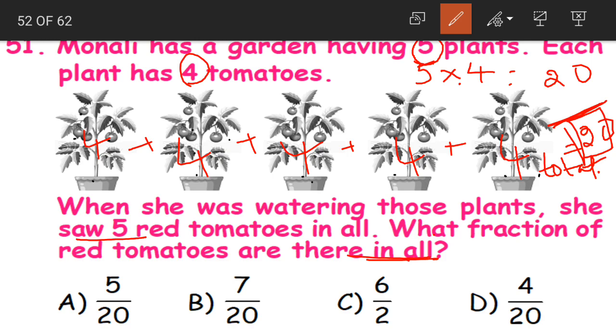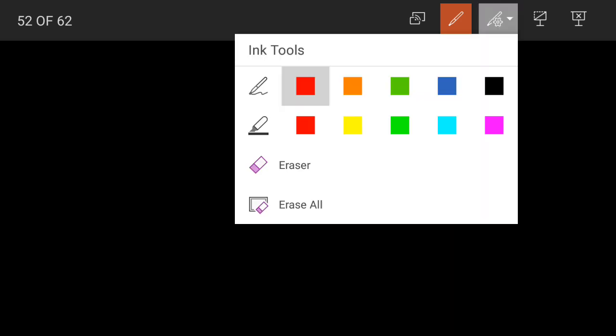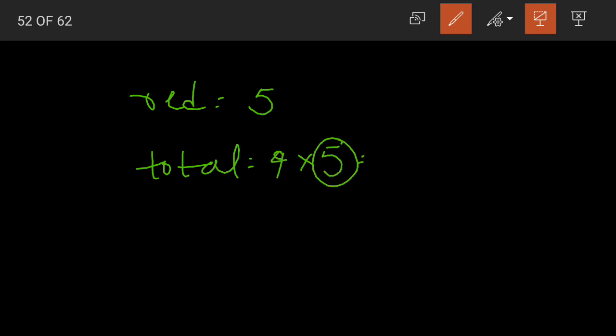Now what is the fraction of the red tomatoes, children? What will it be? See, the number of red tomatoes is 5. The total number of tomatoes is nothing but 4 into 5. That is, the number of plants is 5 and the number of tomatoes on each plant is 4. 4 5s are 20.